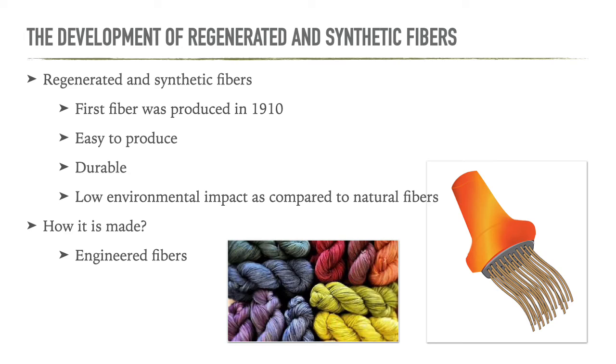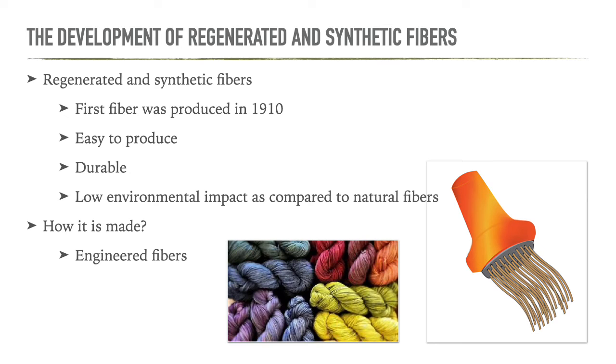The development of regenerated and synthetic fibers. Quite often today, most fibers contain a blend of both natural fibers and regenerated or synthetic fibers. Jeans, t-shirts, and even suitings are just a few articles of clothing that have a fiber blend.